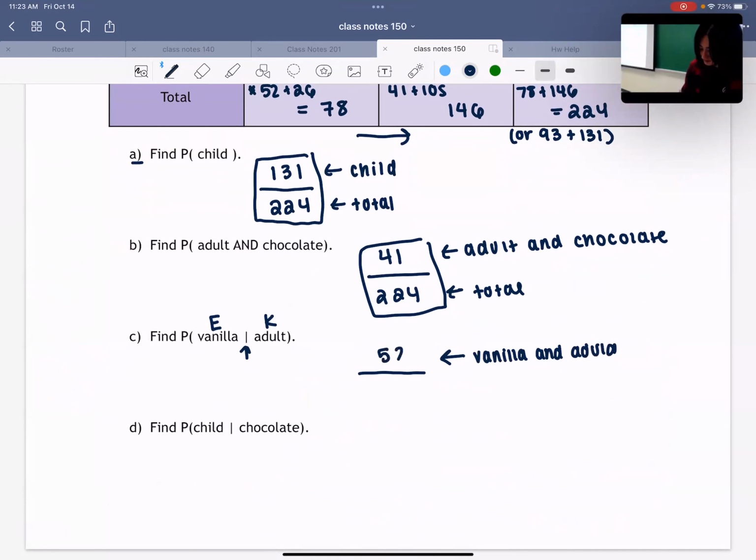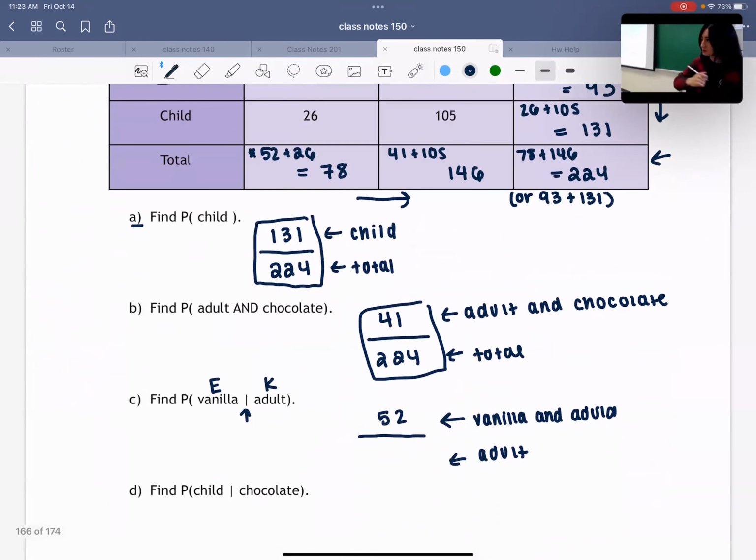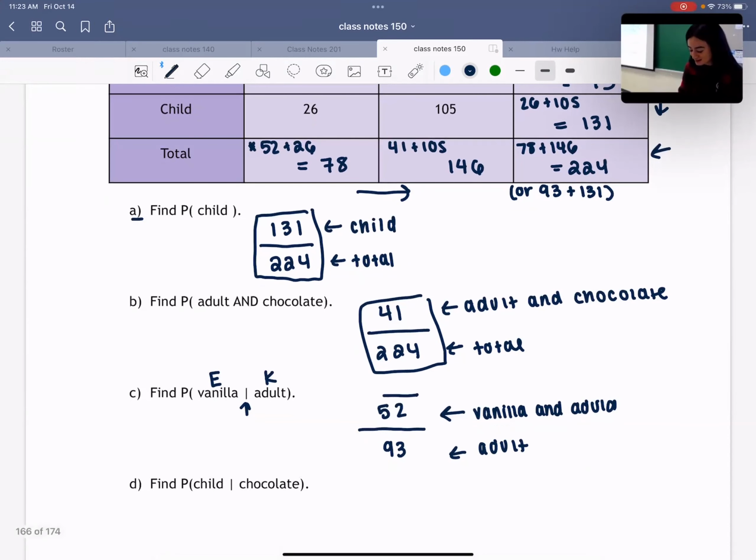Now on the bottom, the formula says we need to focus on just K, so just adult. And how many adults total are there? Is it 78? Actually, it is 93. Okay, good. I usually make mistakes when I write my thing, so I wondered if that's actually true. All right, so our total probability is 52 over 93.